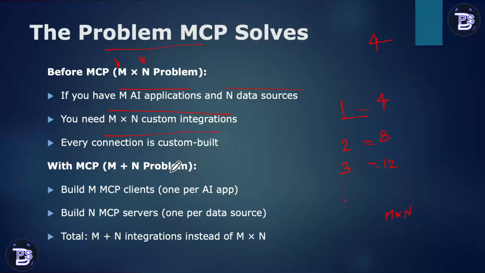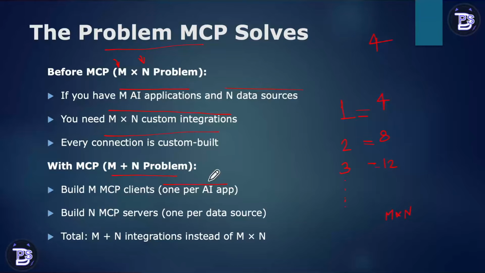When MCP came, what happened? This M into N problem has been converted into an M plus N solution. Now what you have to do is develop one client per AI application. Clients are the tools that you use to interact, like VS Code, where you can install extensions like GitHub Copilot, Claude, ChatGPT.